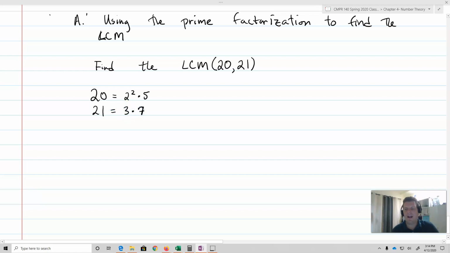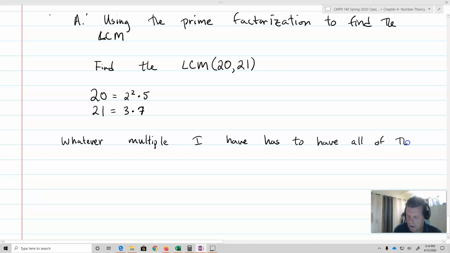All right? Now, what I know is that whatever multiple I have has to have all of the factors of my two numbers, in this case of 20 and 21.